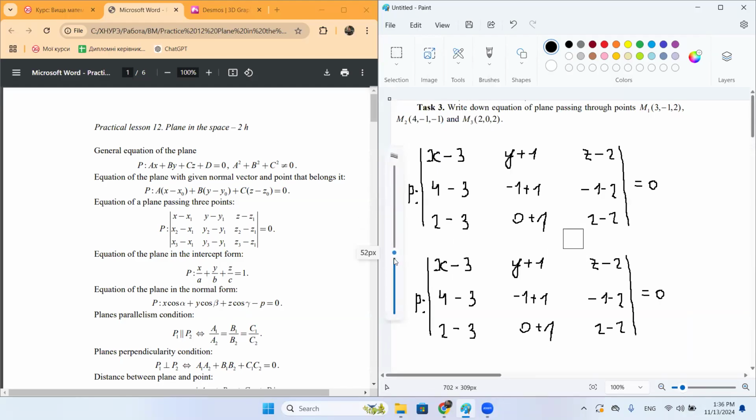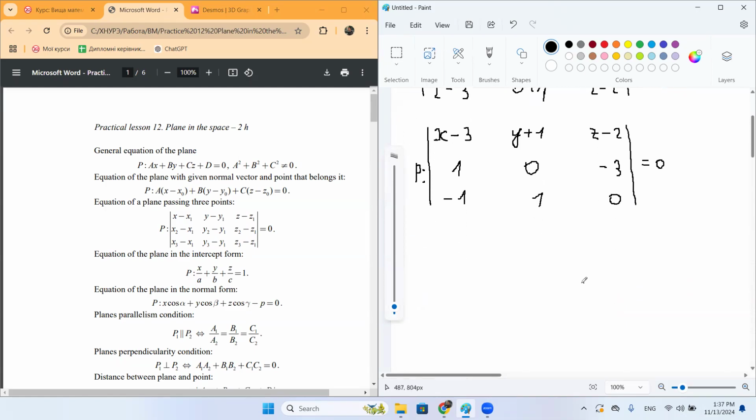So let's subtract all numbers. So 1 minus 1, 0, 1, minus 3, and 0. Okay, and now calculating the determinant.